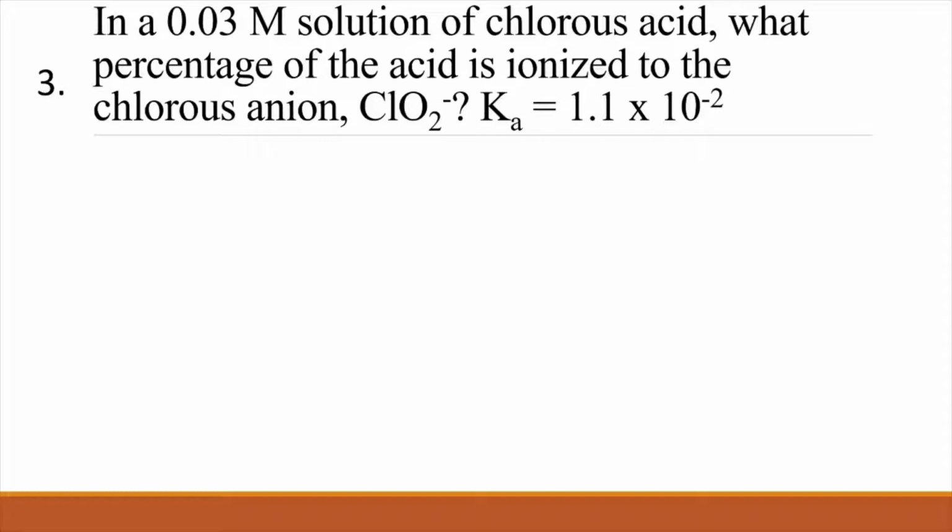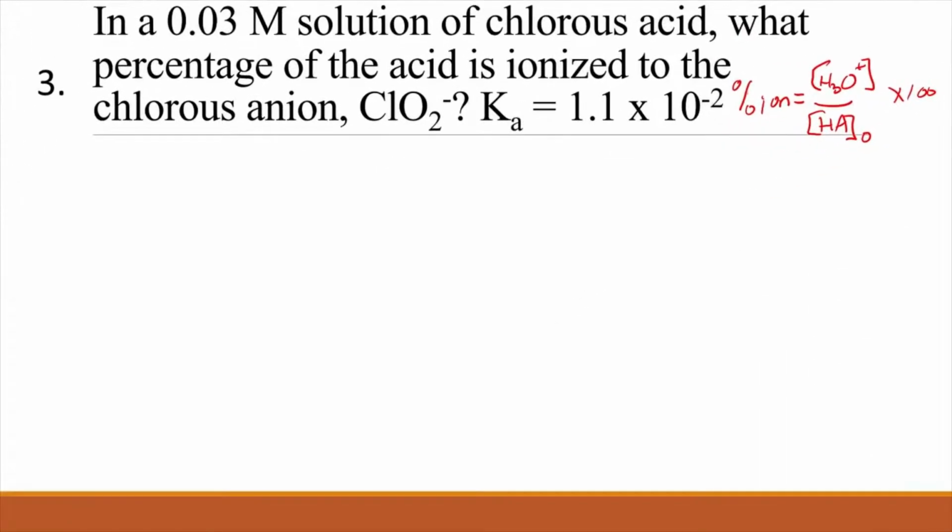So one thing we can first write, since it's telling us we're looking at percent ionization, and just so we don't forget that's what we're looking for, we can write to the side that percent ionization is equal to the concentration of H3O plus divided by our initial concentration of acid times 100. So just so we don't forget.